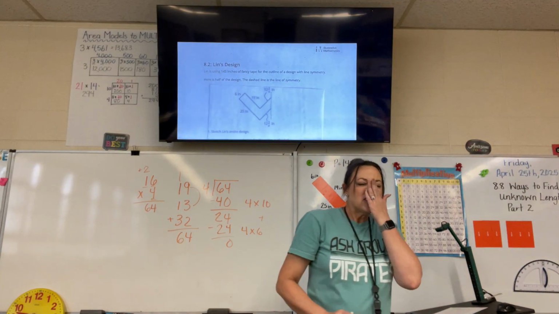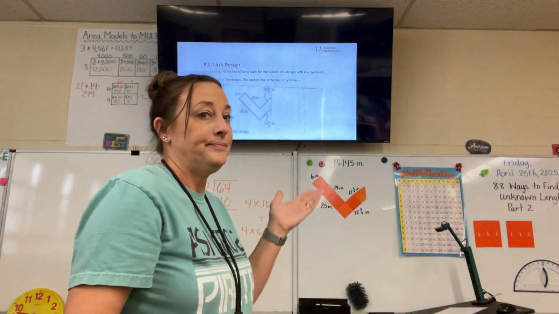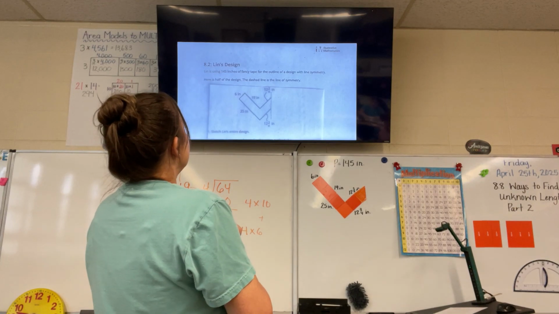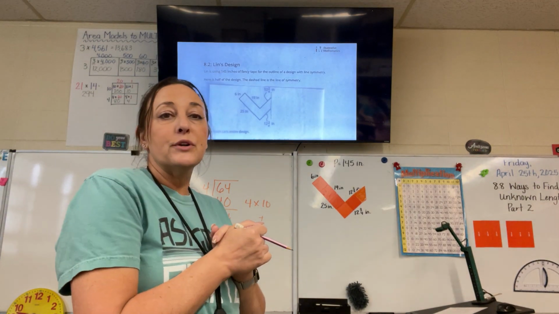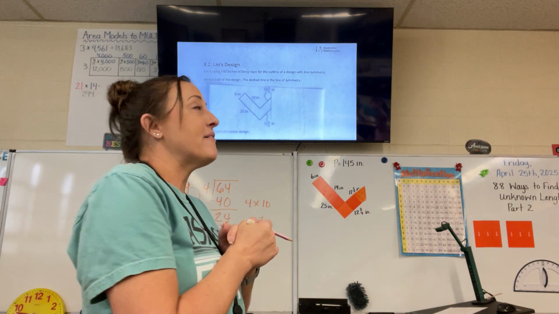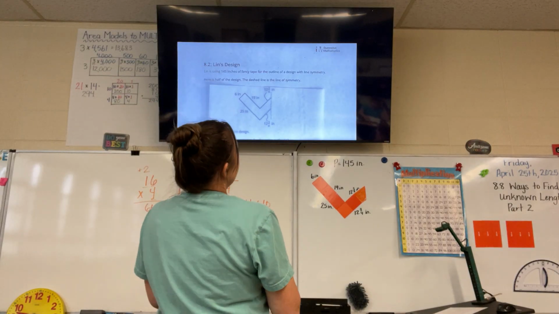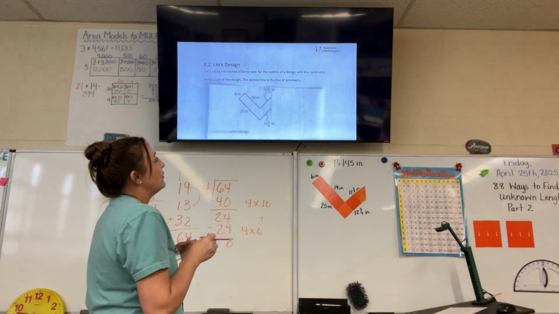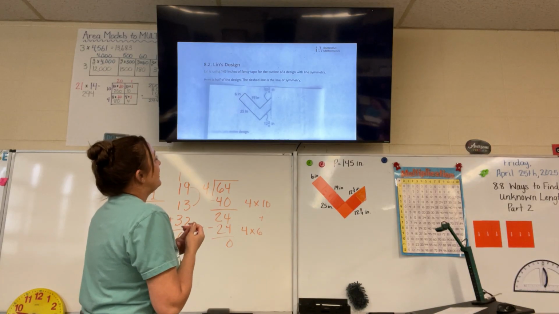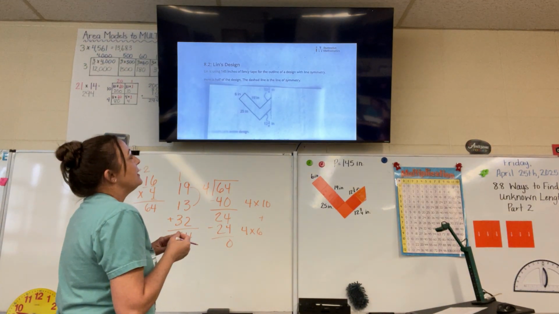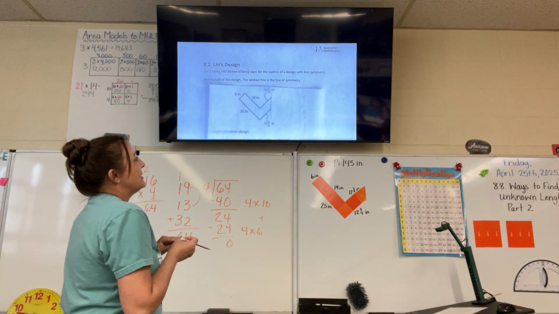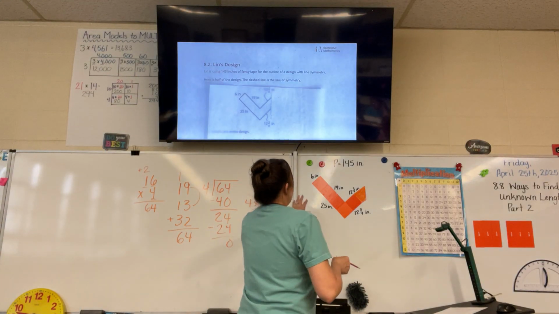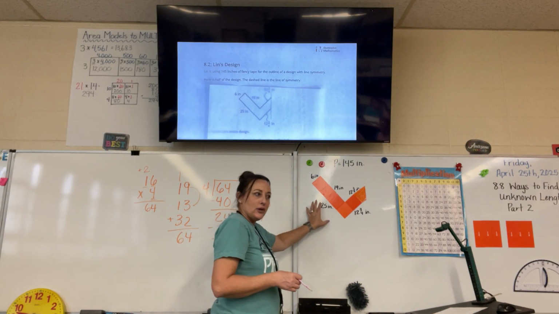And what the directions say is Lynn is using 145 inches of fancy tape for the outline of a design with line symmetry. Here is half the design. The dashed line is the line of symmetry. So I tried to recreate it here as well.